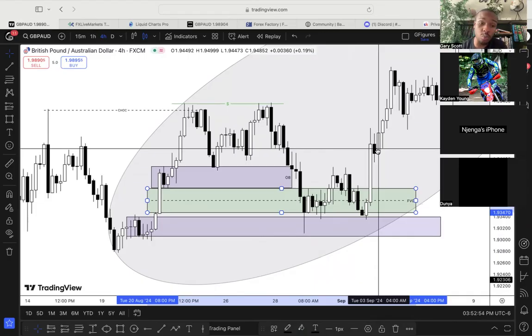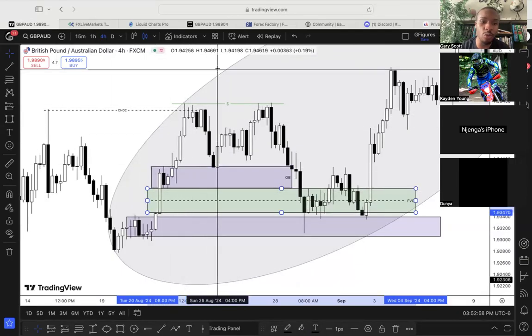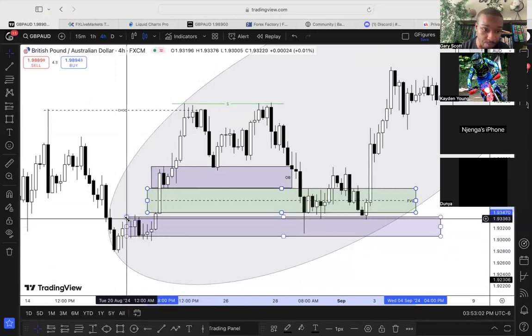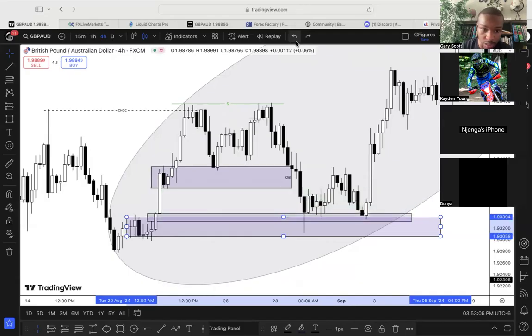You might have multiple within a push that break structure, but you want to find the ones that fall right beneath a fair value gap. Those are the ones that are extremely important, right?